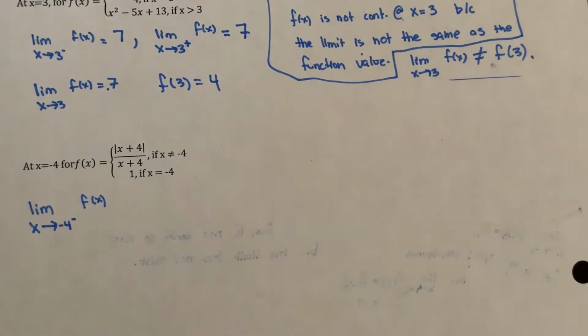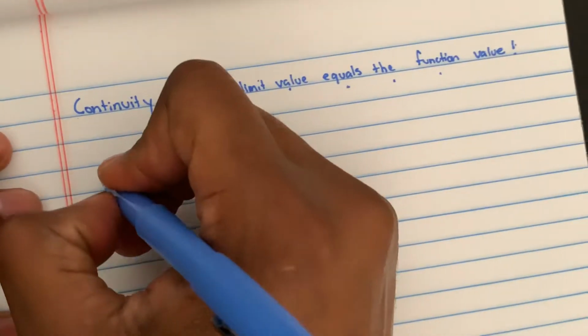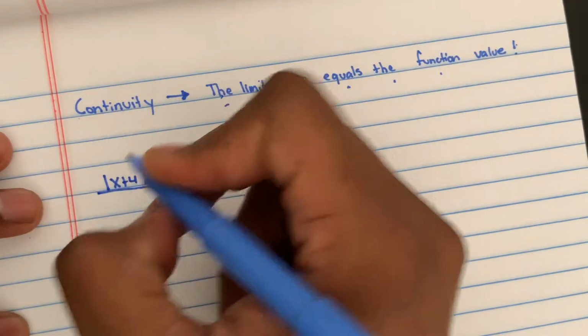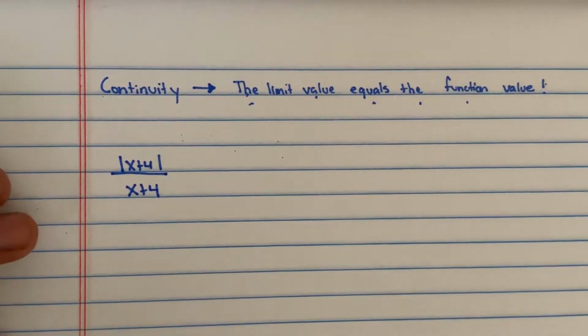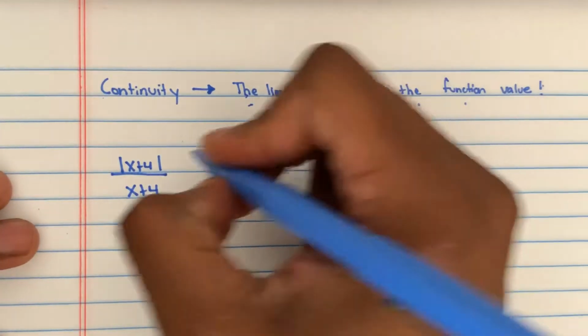So let's think about this. We're going to put the absolute value of x plus 4 over x plus 4. Now, absolute value functions imply their own piecewise functions. There are two cases.